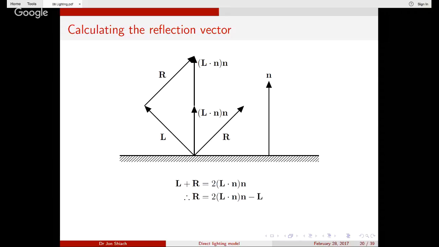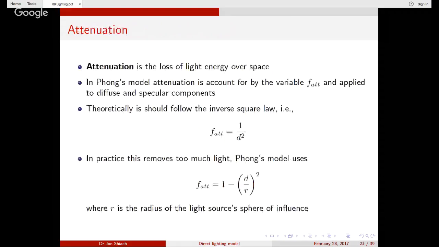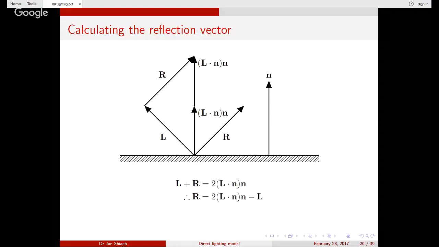In that case, you just multiply that by -1, and it'll be L minus 2 lots of L dot N times N. So if you often see it in a different form, that's just because this vector here is often switched around. You just multiply it by -1, get the same thing. Okay, so that's how to calculate the reflection vector. Notice it's all dot products. Dot products are very easy to calculate.